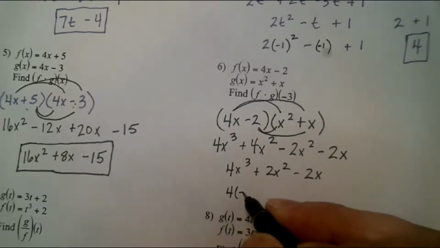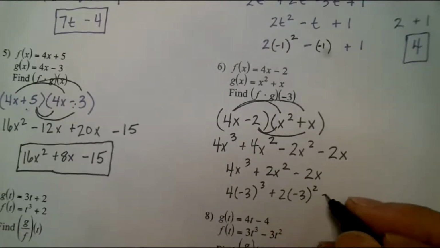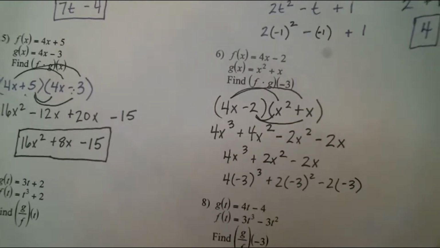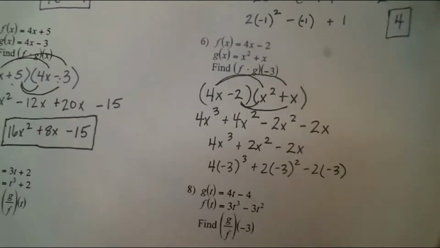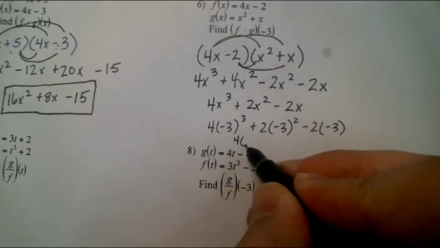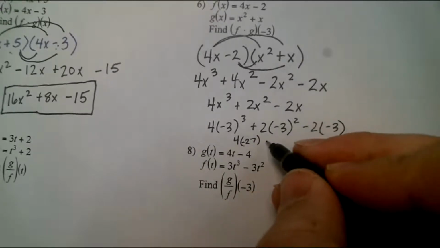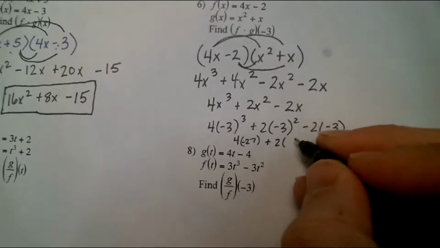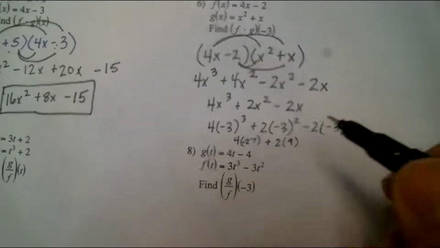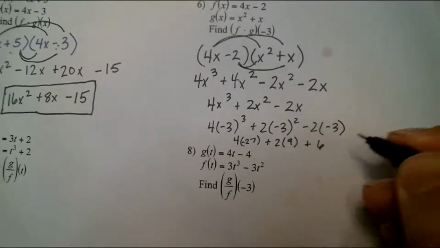So 4 times -3 cubed plus 2 times -3 squared minus 2 times -3. Okay. That will be 4 times 27, or excuse me, -27 plus 2 times 9, because -3 times -3 is +9, but 9 times another -3 would be -27, plus 9, and then plus 6.